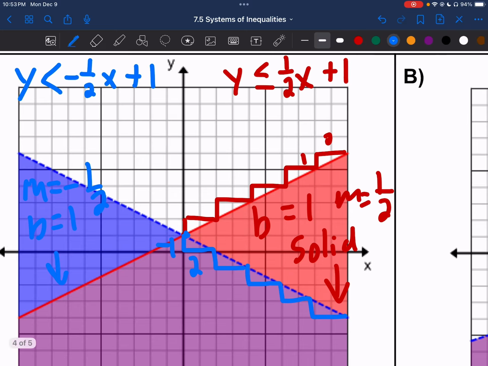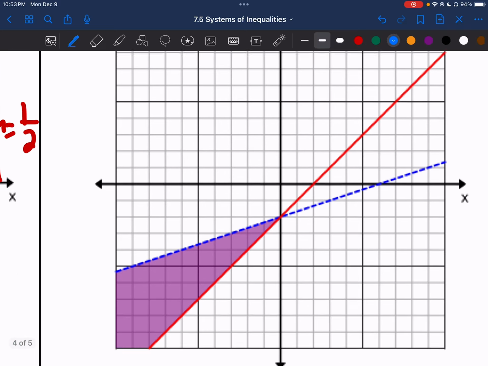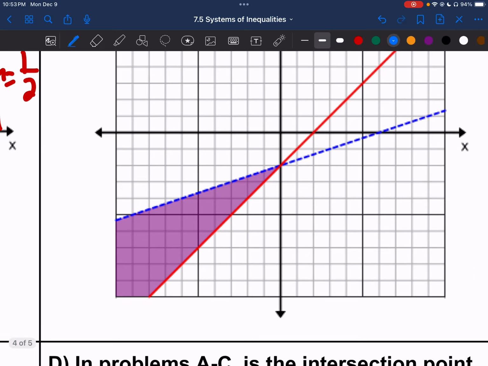All right, let's take a look at letter B. For this one, your graph is only giving you the overlapping area, so you have to do a little bit of intuition of what is actually happening here. So let's look at the red line. We have a y-intercept. Our y-intercept is -2. My slope, what's happening with it? I'm going up 1 and to the right 1 each and every step. So my slope is 1.